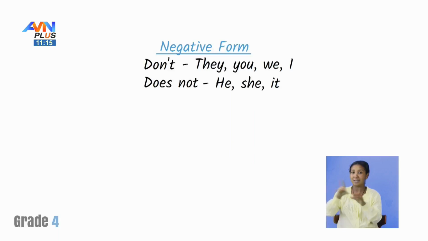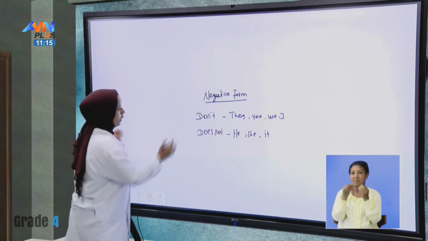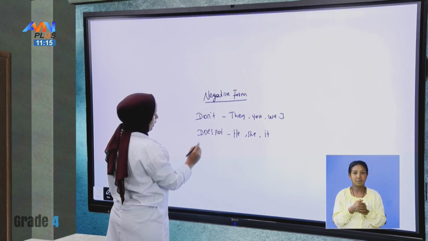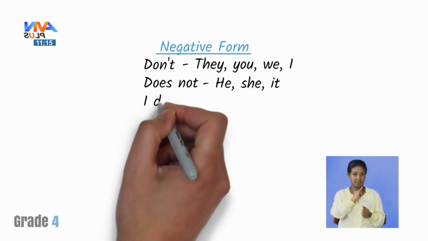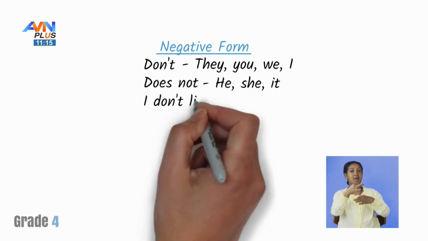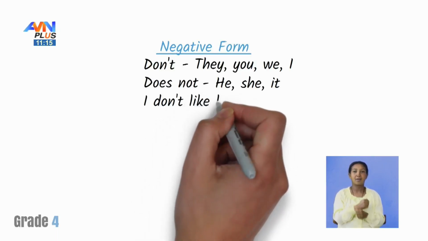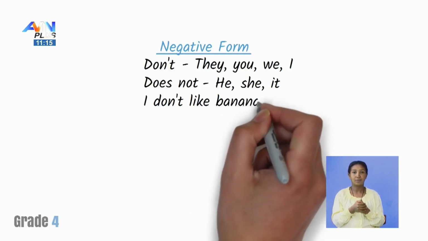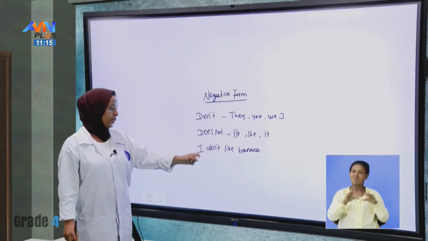Let me give you one or two more examples. Let us take don't, for example, with I: I don't like banana. This is a negative form.